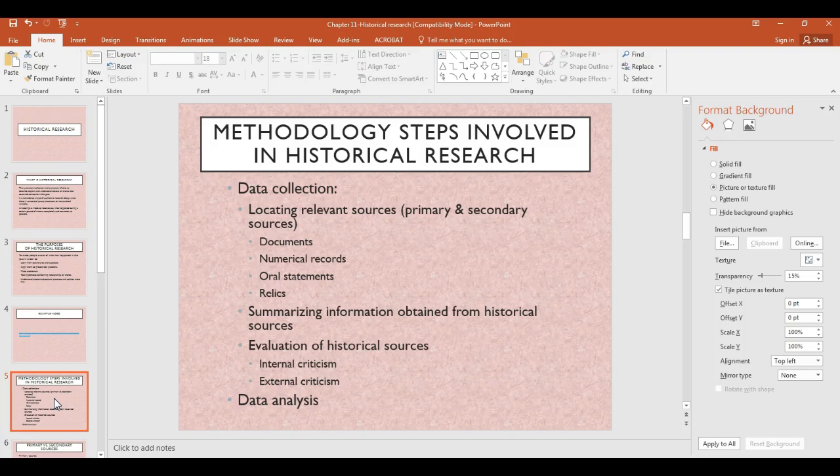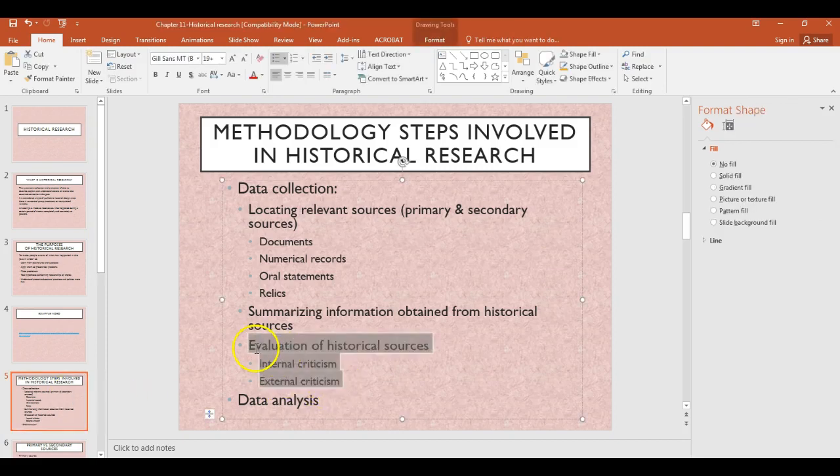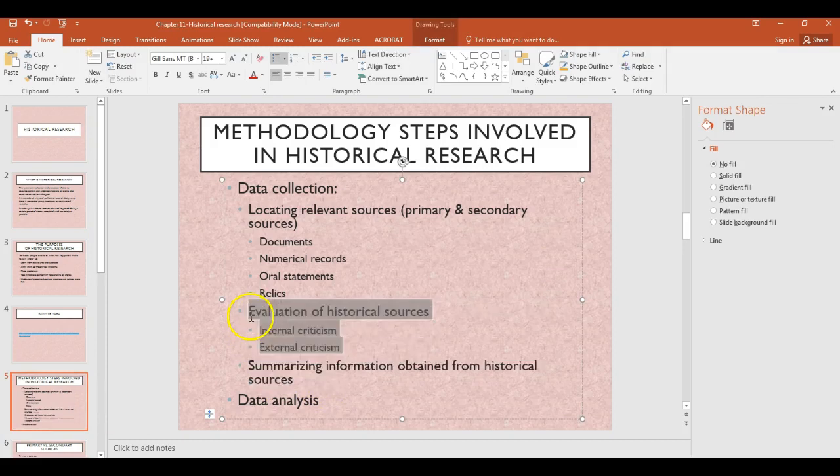Then you'll have to summarize information, gather all of this data that you're reading and summarize it to have something solid. And then, of course, I would put the evaluation of the historical resource before summarizing. So when you collect the resources, you will have to evaluate them to make sure that you are meeting internal and external criticism.